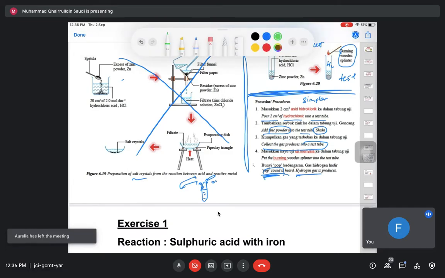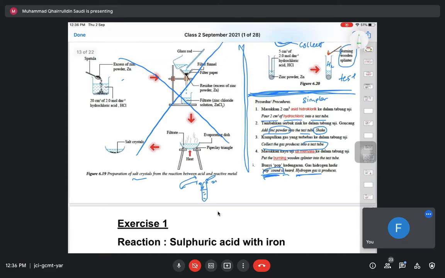This is acid. Oh my god, why? Oh, bateri nak habis. Kejap 10 seconds. Mana charger dia? Ni.